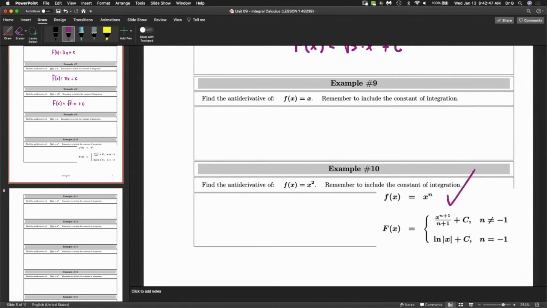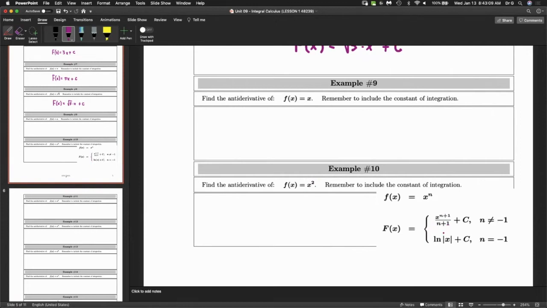Well, this formula is on the cover of the booklet, and it is the only formula that you're going to learn today. That's new. It basically says that if you have x to the n, the answer is going to be one of two things, either this or this. This curly bracket here means it's a piecewise function.